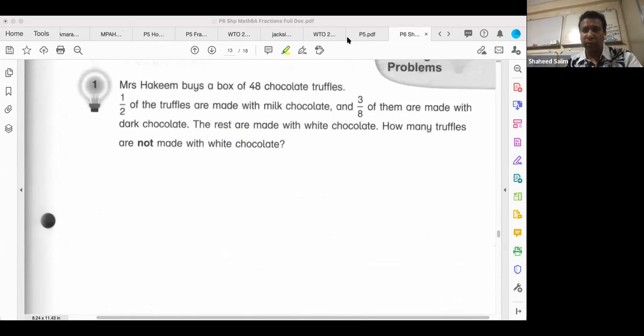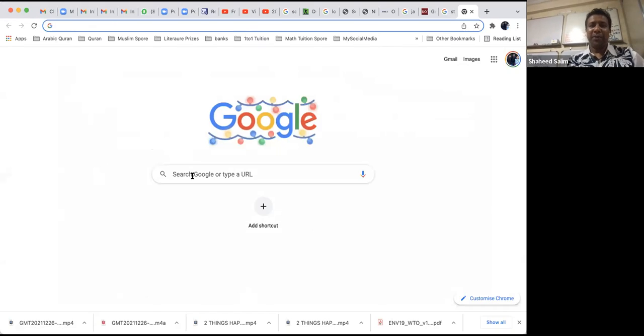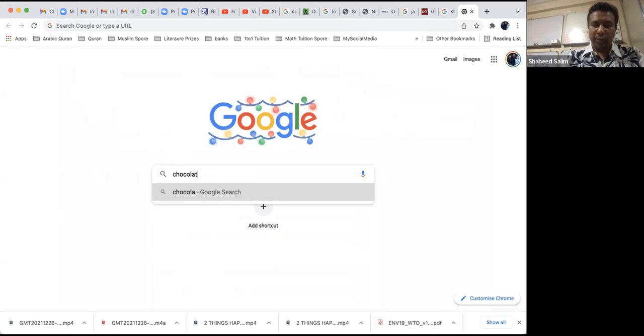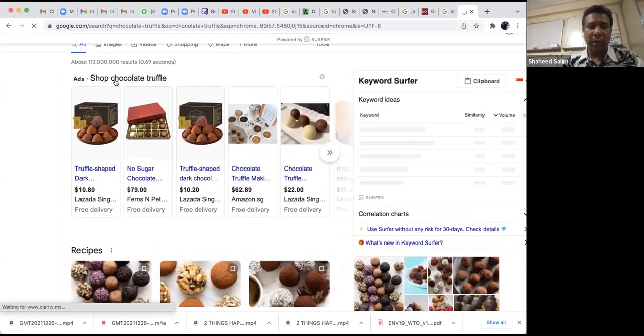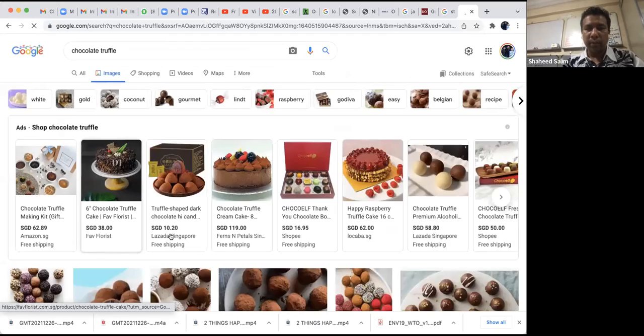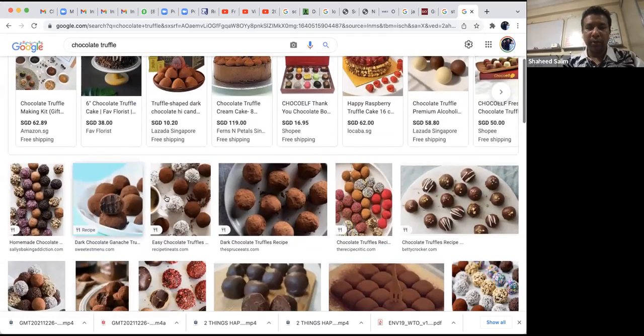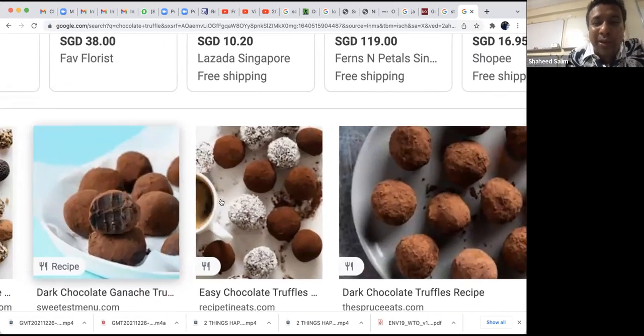We don't care what truffle is. Okay, here we go. Let us look at the image. These are chocolate truffles.